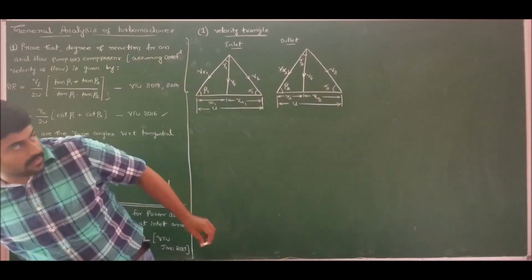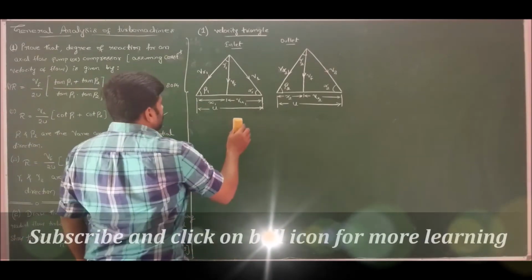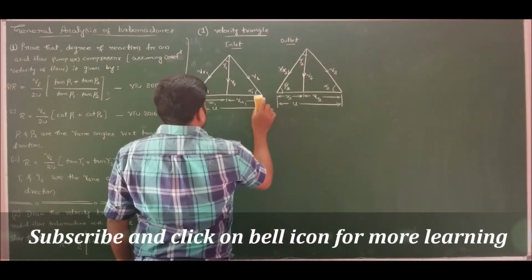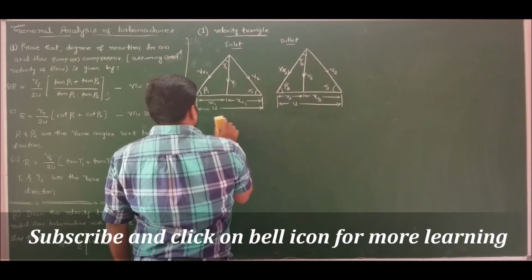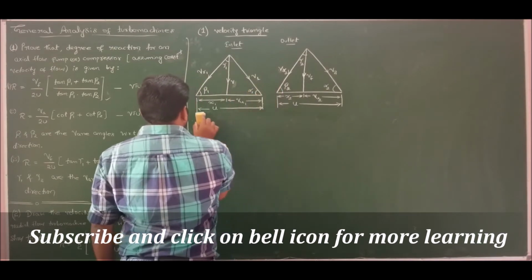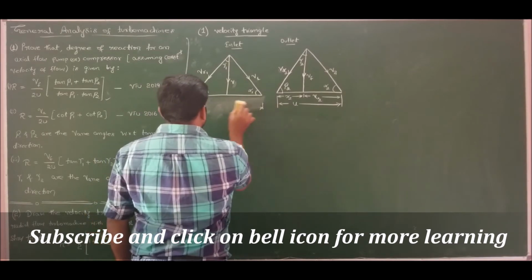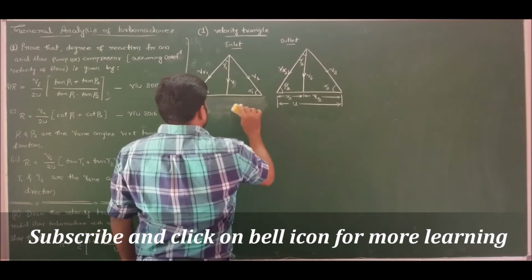At inlet there is no whirl, so Vf is nothing but Vm, and U1 should be equal to 0. So I should change the inlet velocity triangle accordingly.